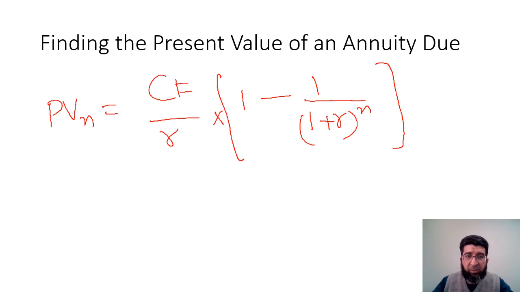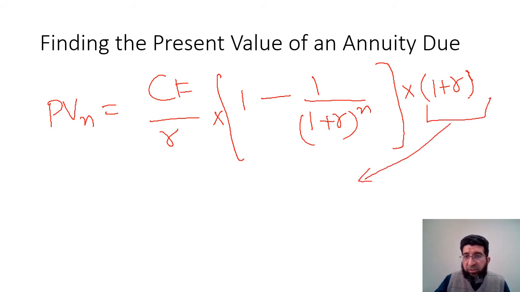When there is multiplication, there will be future value. And then there is a term (1 plus R) that is multiplied further. Now this is multiplied, not divided. Multiplying by (1 plus R) makes it an annuity due. So this is the factor that differentiates it from the normal formula. This was the normal formula for ordinary annuity, and by multiplying with (1 plus R), it becomes an annuity due.